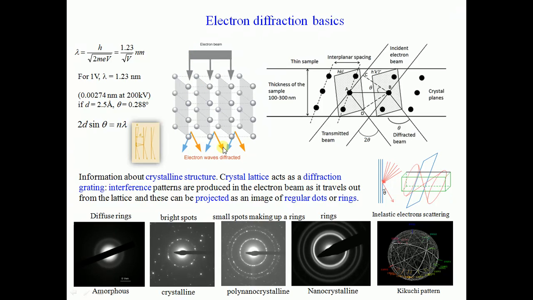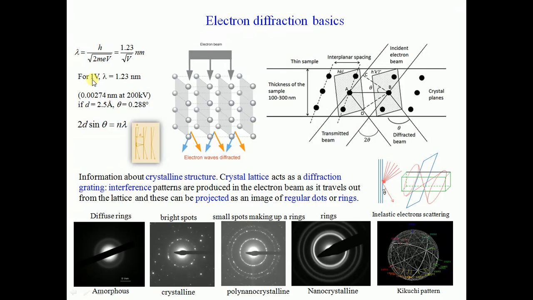But they do not just pass through, they get diffracted according to 2d sin theta equals n lambda, Bragg's law. Lambda is equal to h by p, we know.